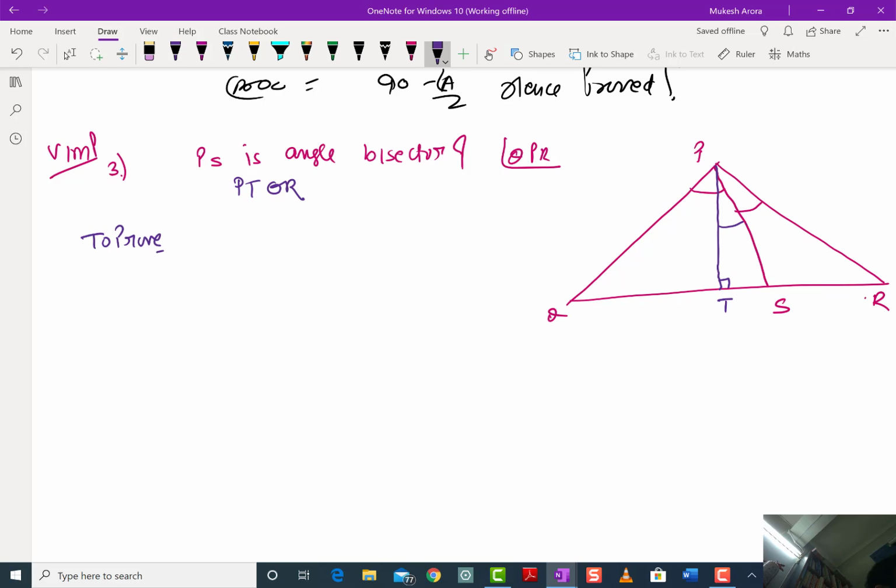We have to prove that angle TPS is equal to half of angle Q minus angle R.